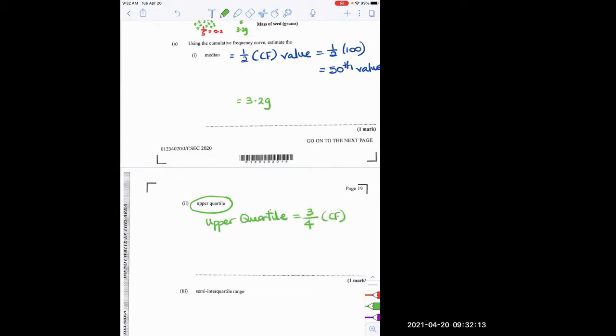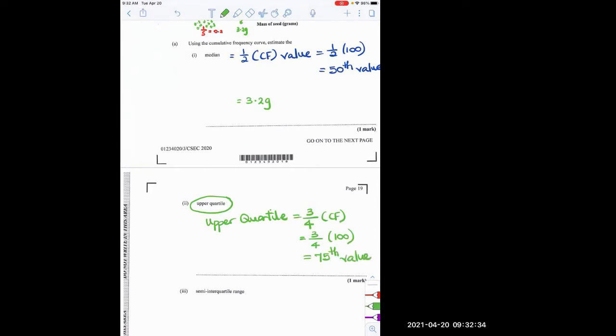What is the CF again? Cumulative frequency. Right. What is the total cumulative frequency? 100. So 3/4 of 100 is how much? 75.